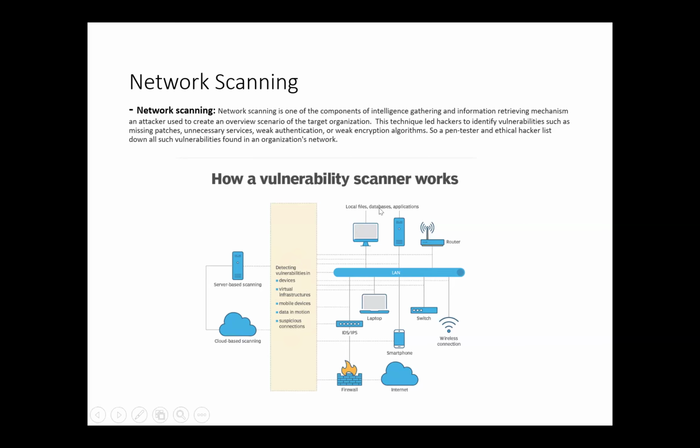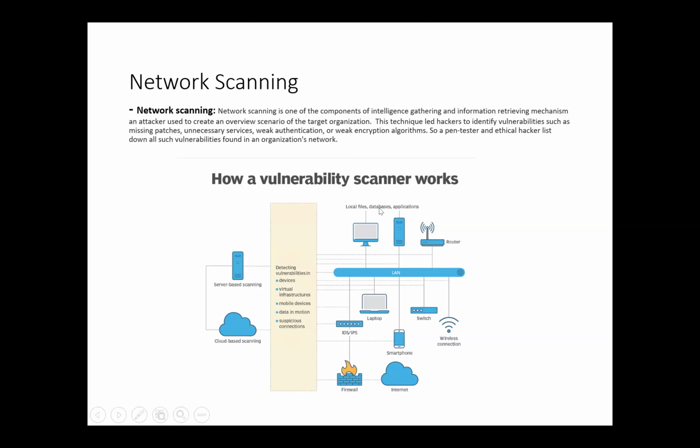For network scanning, we will be working with the Nessus tool. Arman, can you explain a little bit of the complete architecture of this vulnerability scanning of the network? It is confusing. It is basically very clear here.